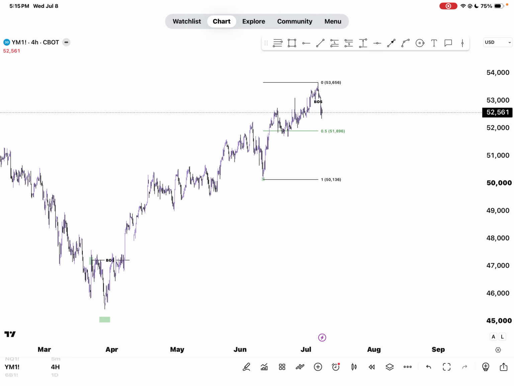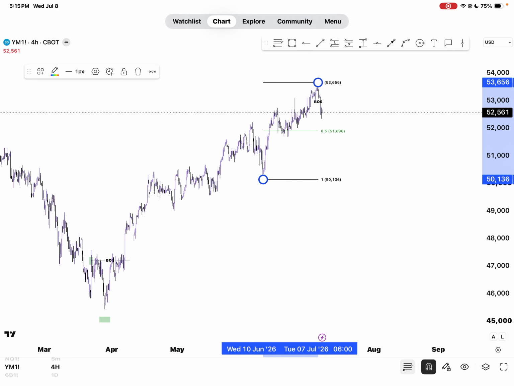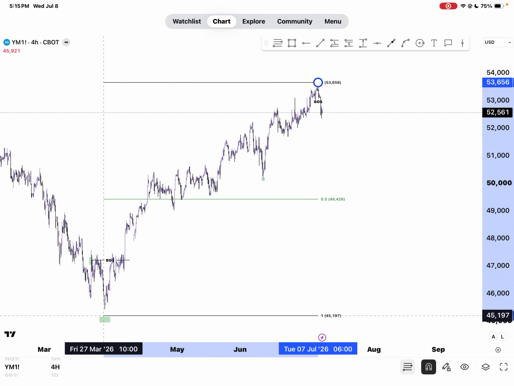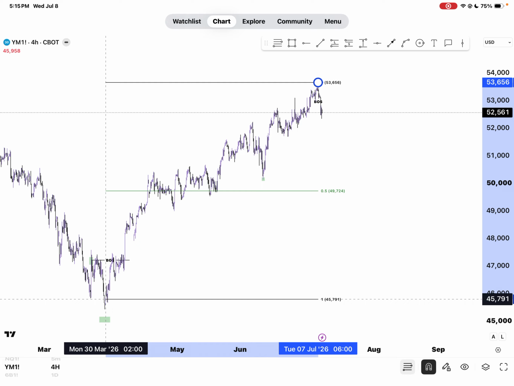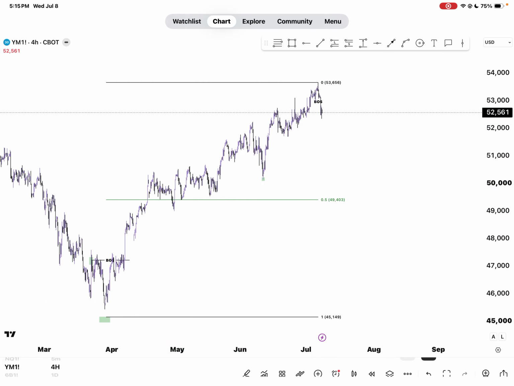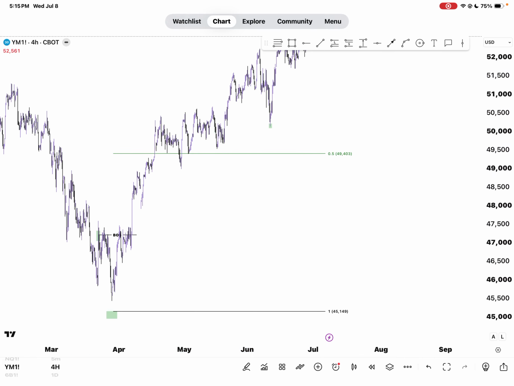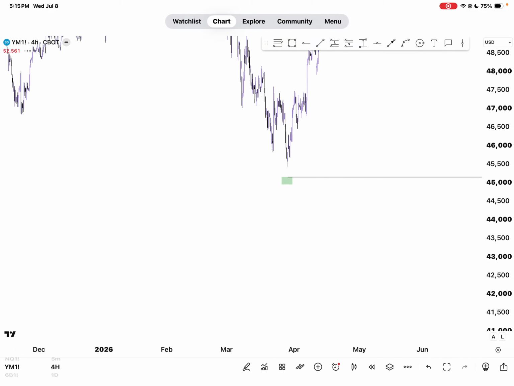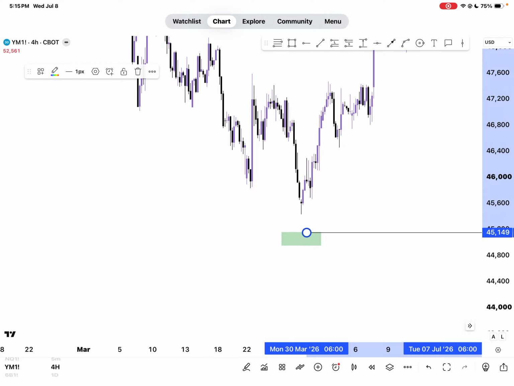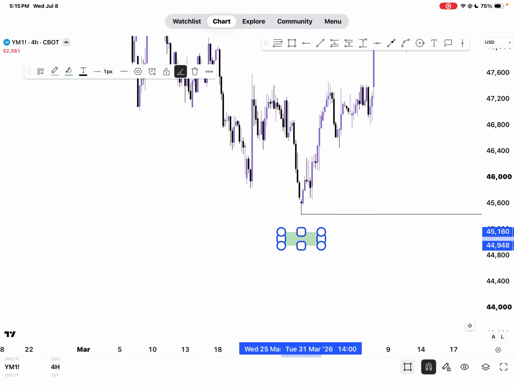This is not the range. The range exists all the way down here from this low to this high. I'm a little sporadic right now, but effectively this is the bullish range that we would be in. Oh, everything shifted. That makes sense. Yep. Okay. Cool.